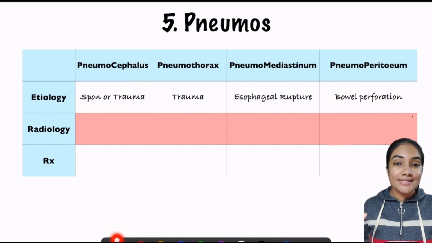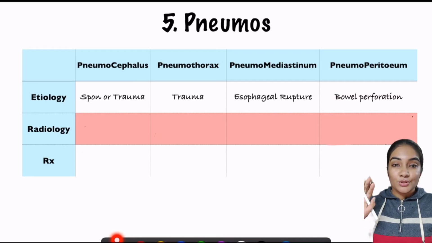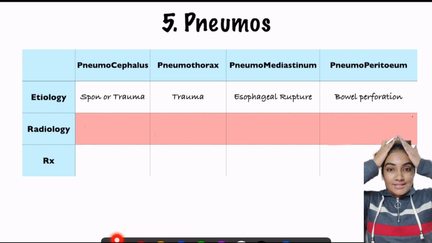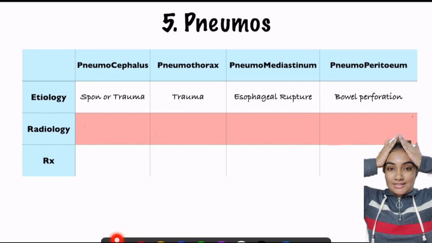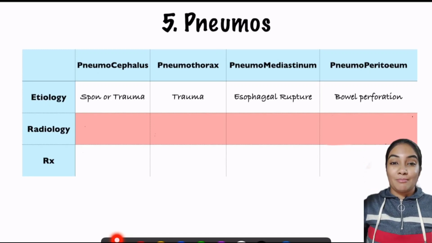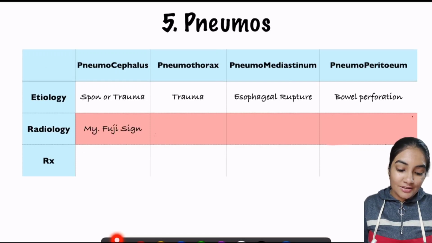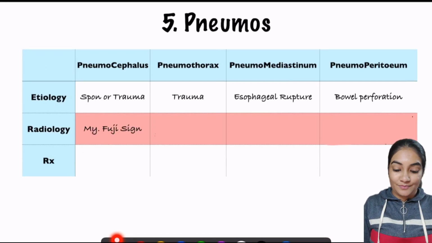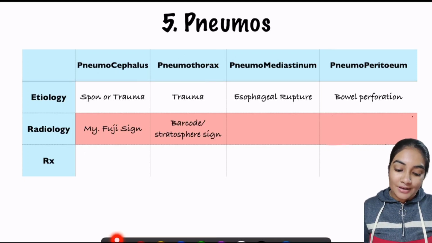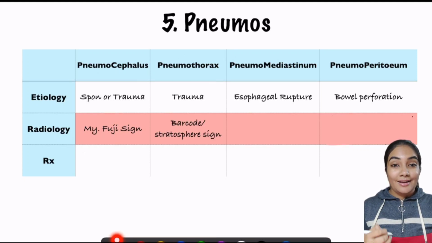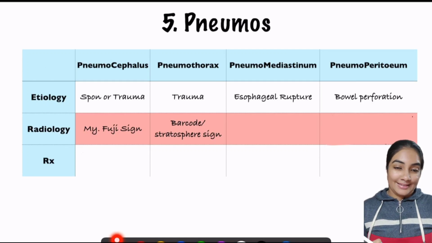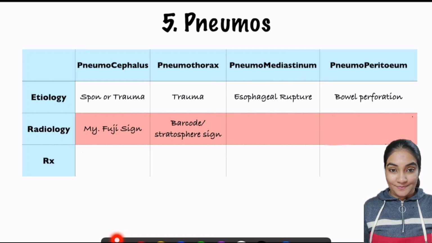The radiology signs of all of them is super important. Pneumocephalus, air fills here. What is this? This has become a mountain. So the Mount Fuji sign is seen in pneumocephalus. Pneumothorax, we all know the stratosphere sign, the barcode sign, the absence of comet tails, and so on and so forth.